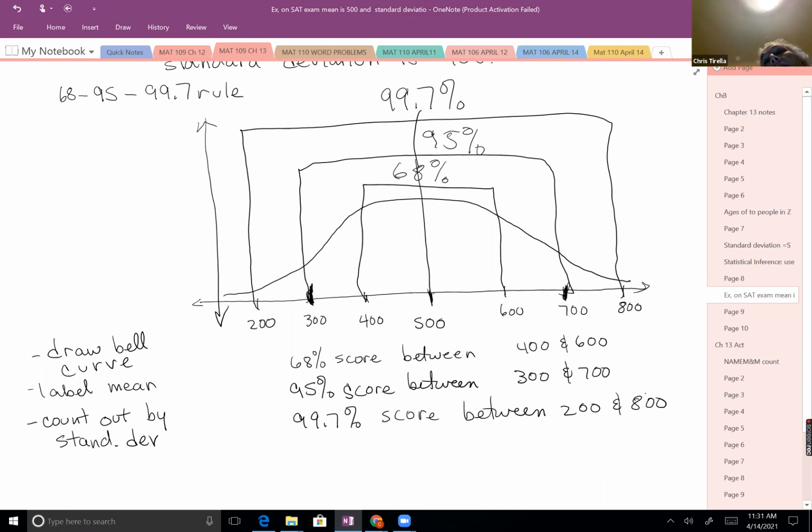And so if you're looking at student scores and you're comparing them to, let's say, statewide results on a standardized test, you'll be given the mean and the standard deviation. And when you're meeting with mom and dad and they tell you, well, Johnny scored 550, what does that mean?